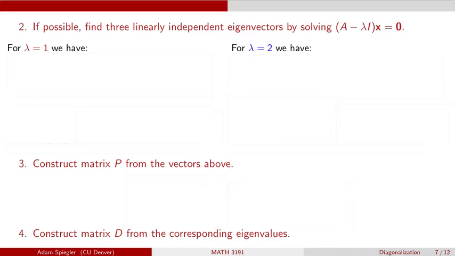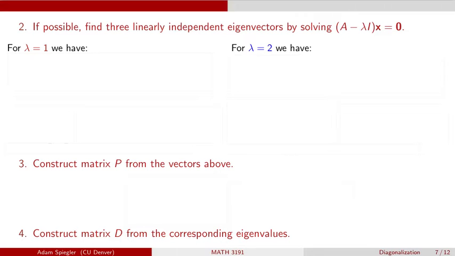Okay, so let's continue on to step 2, which is now let's try and determine whether we have 3 linearly independent eigenvectors. And the way that we can identify eigenvectors for a given eigenvalue is we solve the equation A minus lambda I times x equals the 0 vector. So we're going to do this separately for each eigenvalue. We have 2 of them.